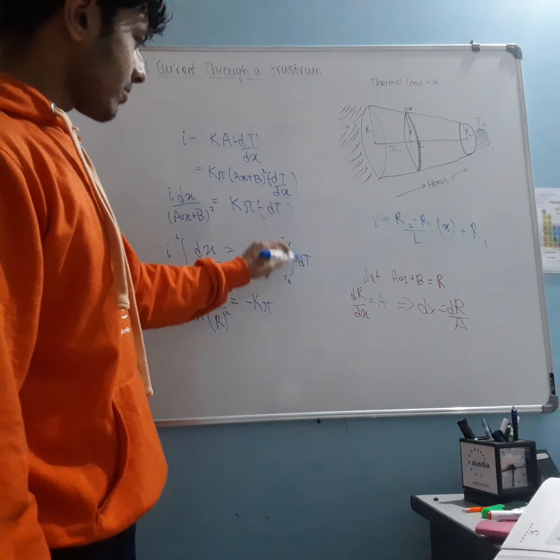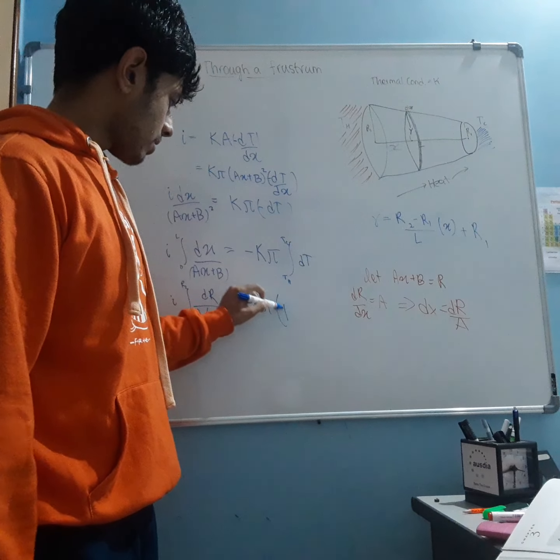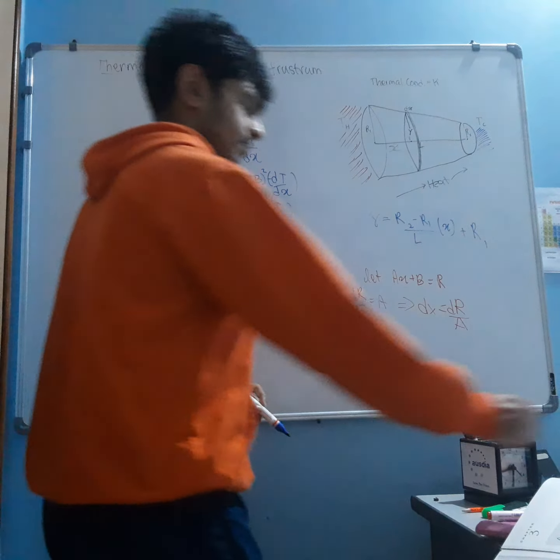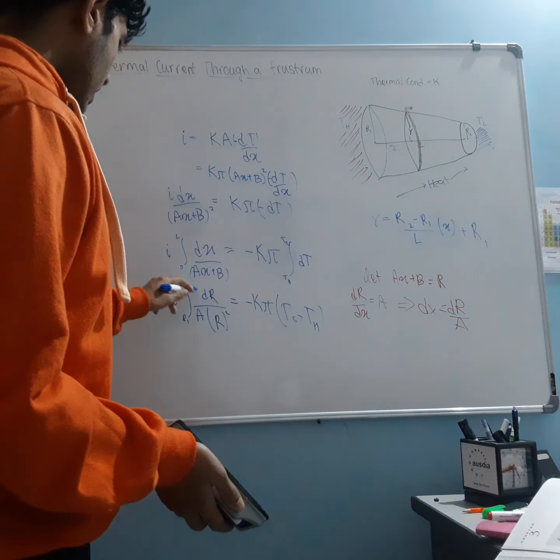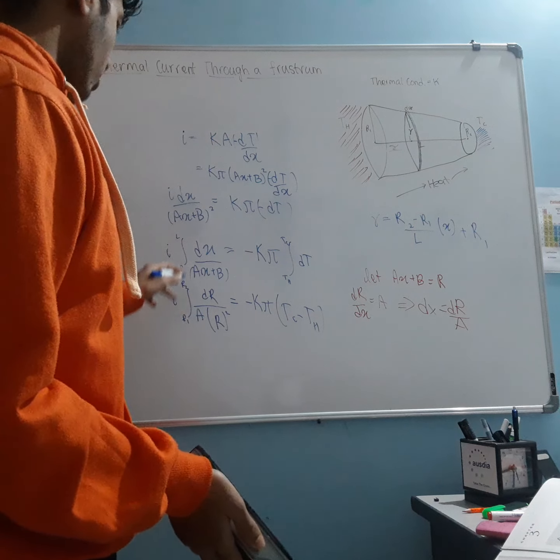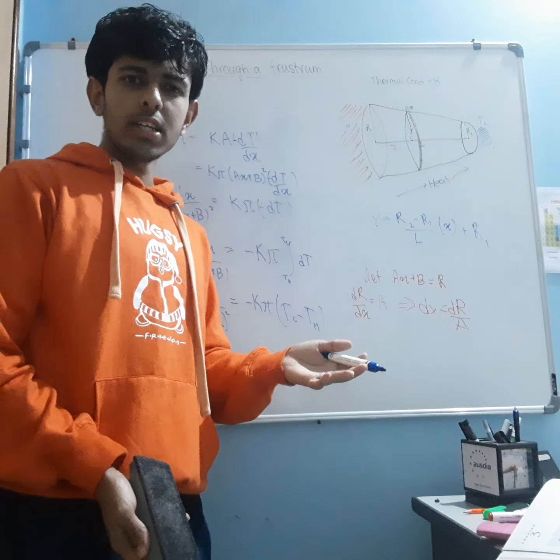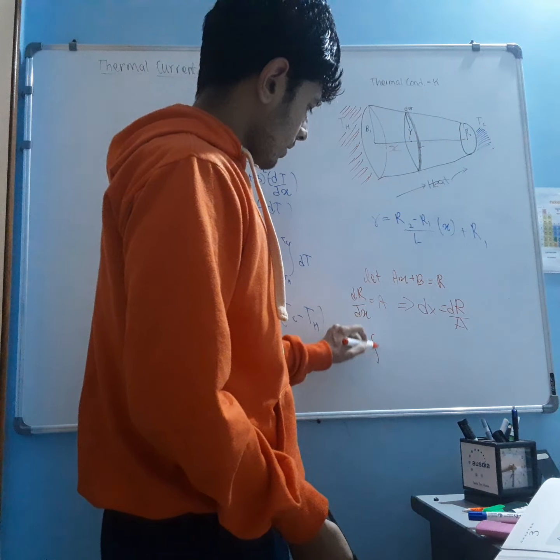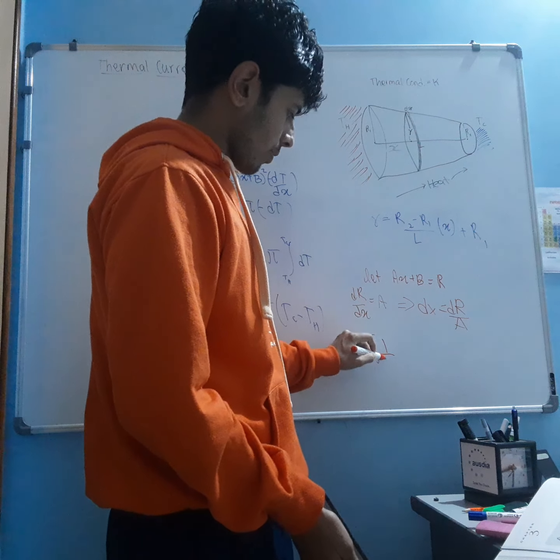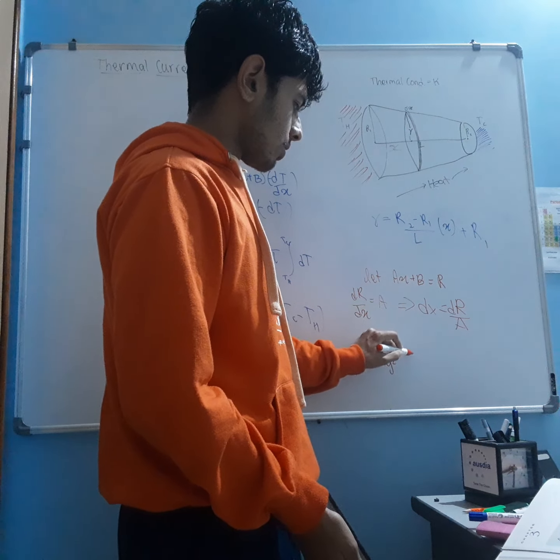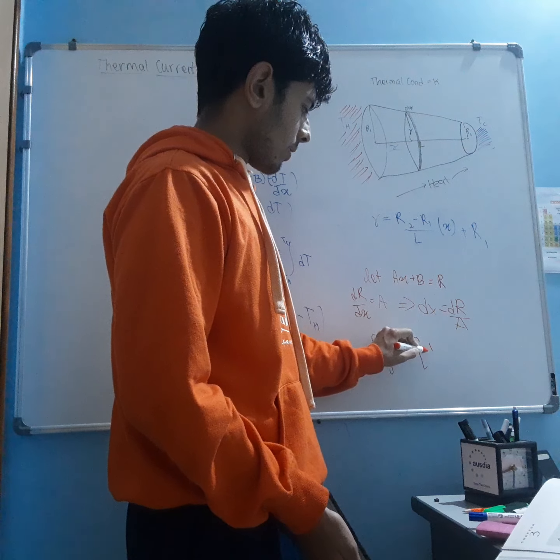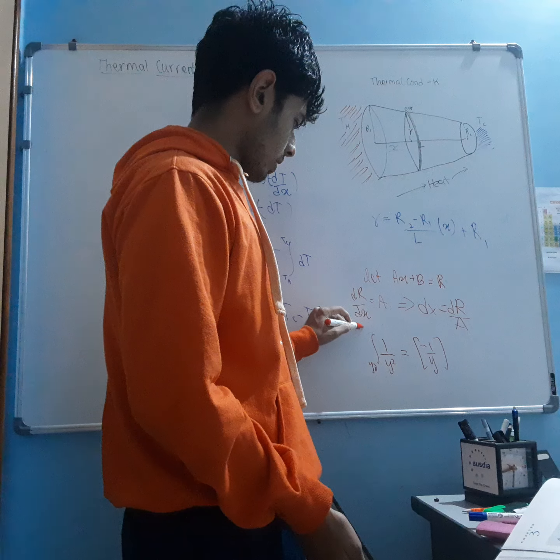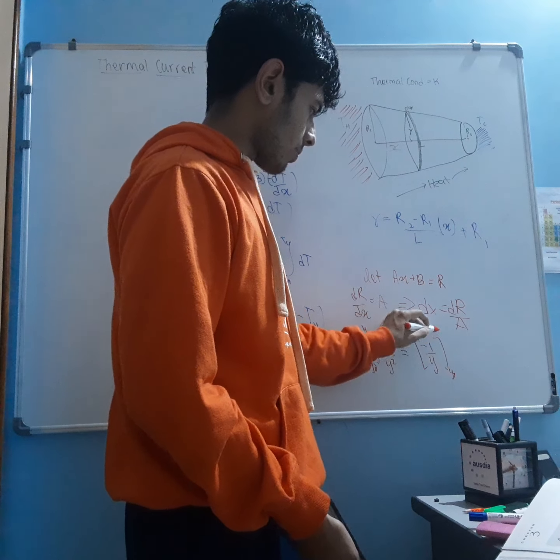The integration of this is quite simple. It's just Tc minus Th. We know that the integration of 1 over r square is minus 1 over r. Similarly, the integration of 1 over y square gives you minus 1 over y, from y naught to y.